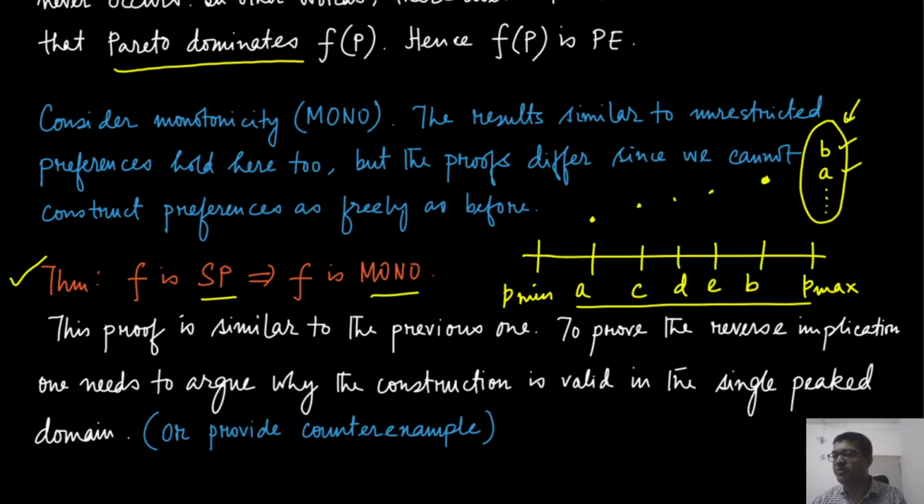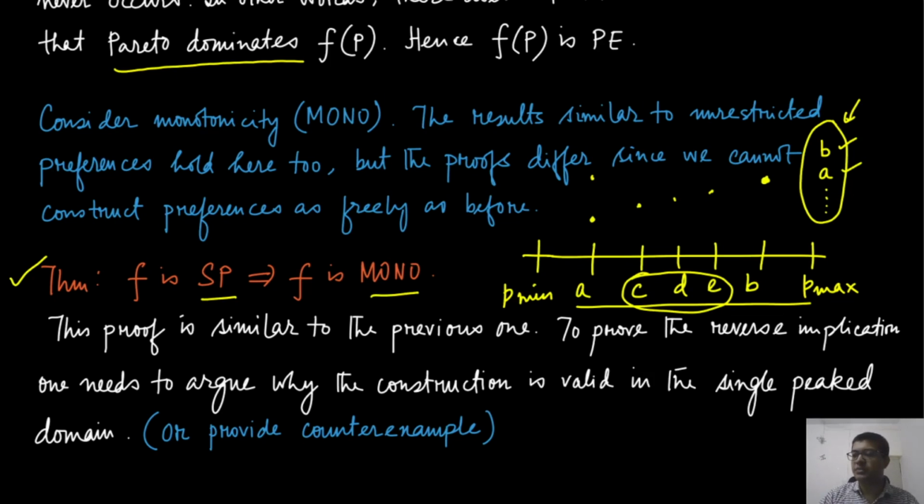I cannot have B on top and A right below it, because then what happens to C, D and E? We will have multiple peaks, and that is not feasible here. So whenever we do some construction in the single-peak domain, we have to take care that there are other alternatives between A and B, and if we lift certain alternatives, we have to maintain single-peakedness there as well.